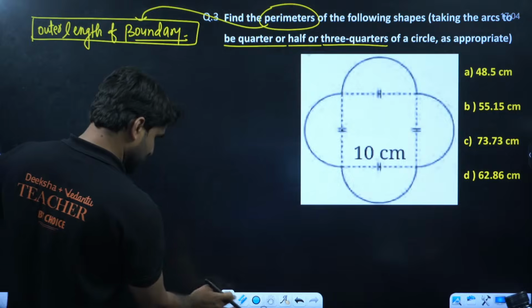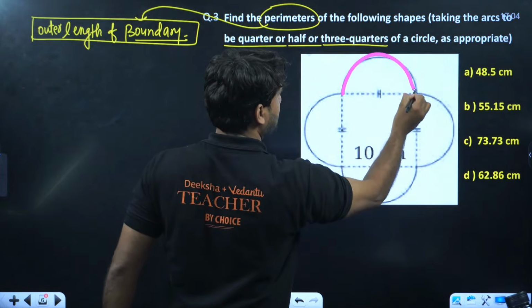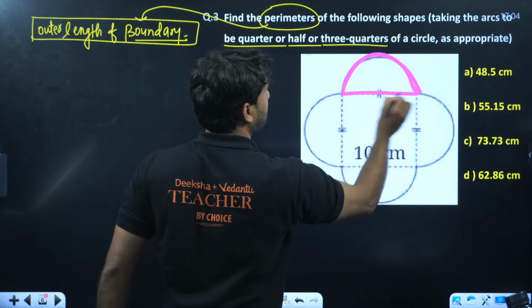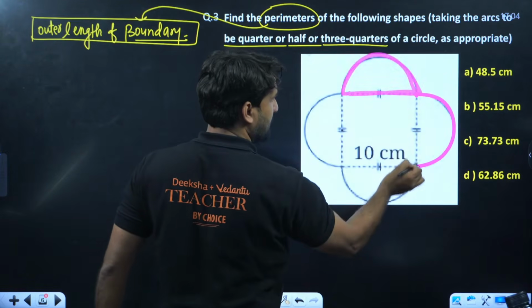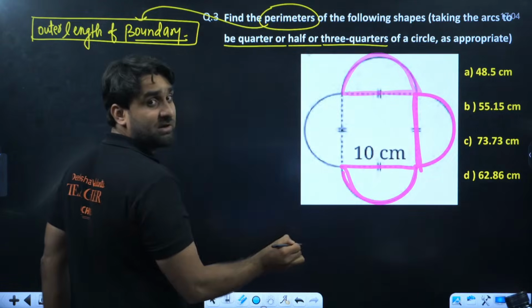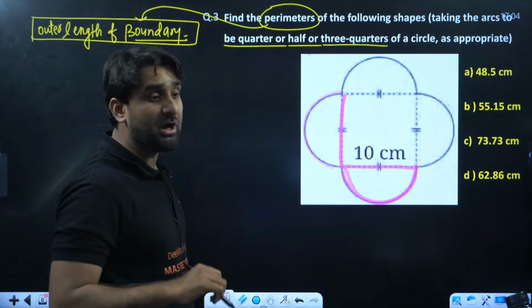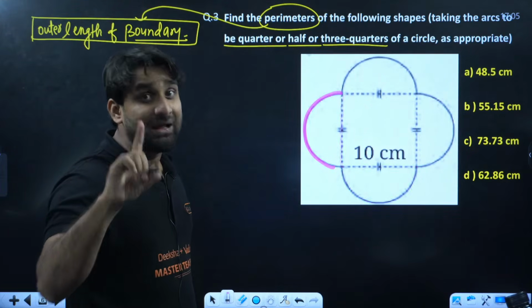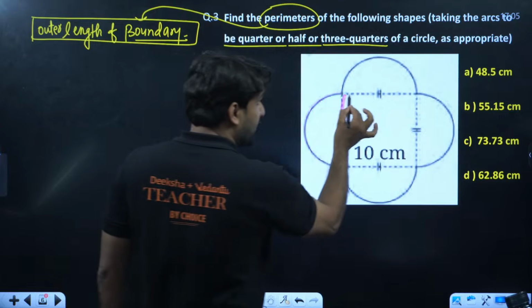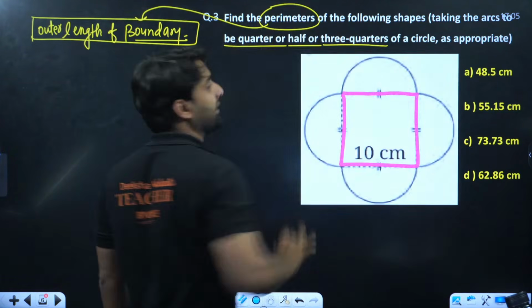Look, let me show you. This part is a half circle, this part again, this part again, and this part again. So how many half circles? 4 half circles.